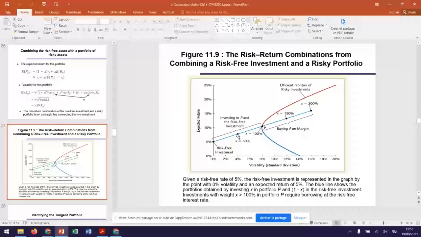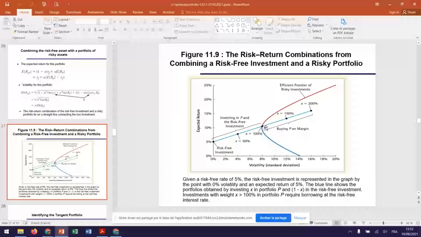If my X is equal to 0, I have everything, 1 minus X, in the risk-free investment, which is this point. Now if I invest X beyond 100%, it means that I buy P on the margin. I can borrow the money and invest in this line.